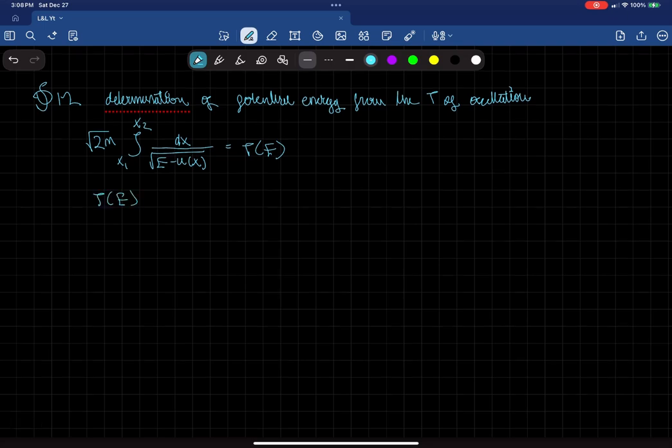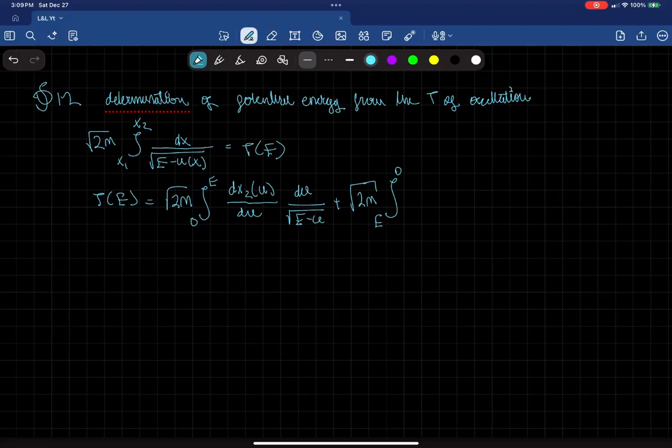T of E equals square root of 2m times the integral from 0 to E of dx2 of u over du times du over the square root of E minus u, plus the square root of 2m times the integral from E to 0 of dx1 of u over du times du over the square root of E minus u.